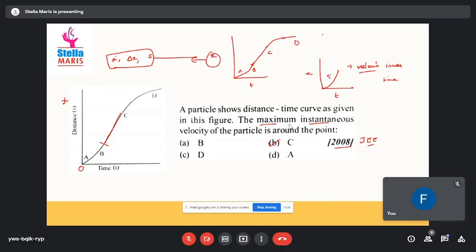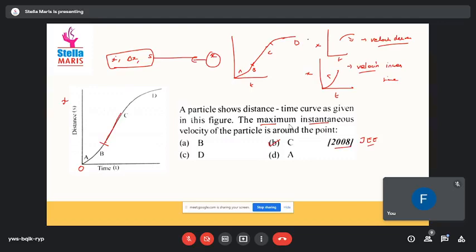What does CD mean? The curve is in the downward direction, which means velocity decreases with time. In the x t graph, velocity decreases with time.